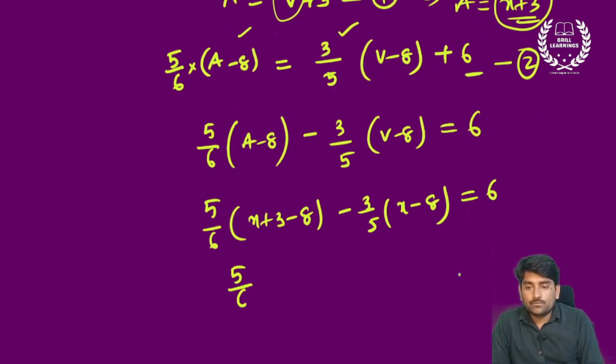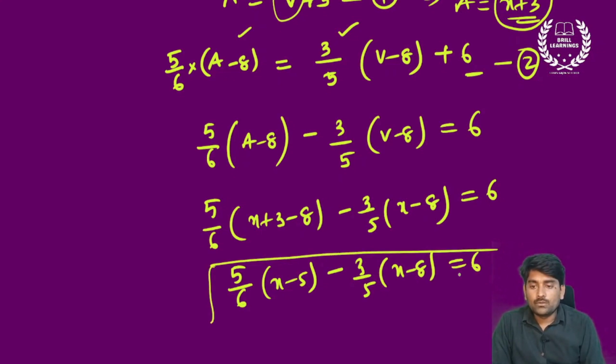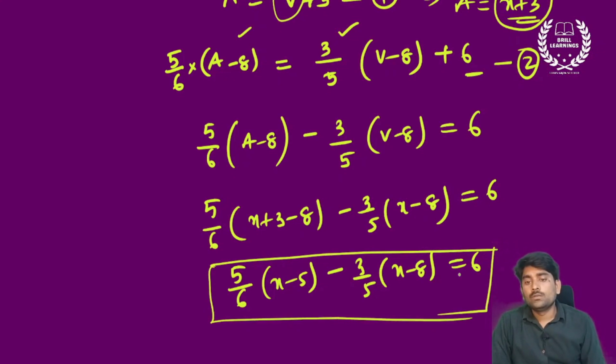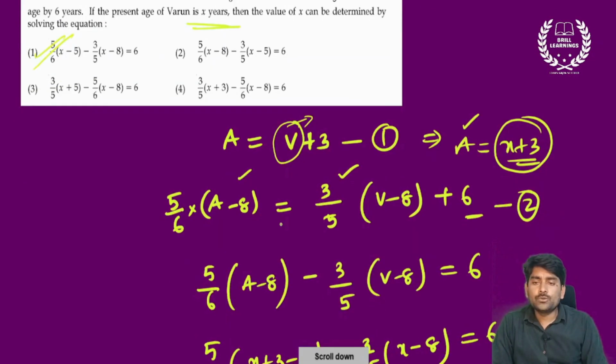Simplify further. So x minus 5 minus 3 by 5 of (x minus 8) equal to 6. This is the final equation. Let's check the options. The first one is the correct answer. Let's move to the next question.